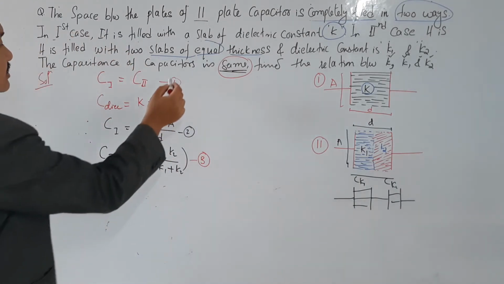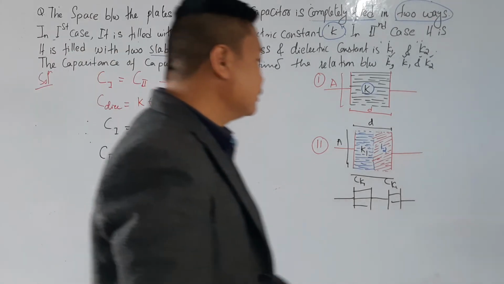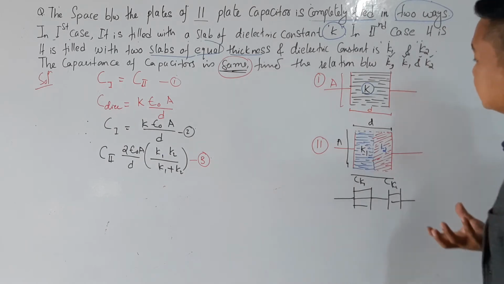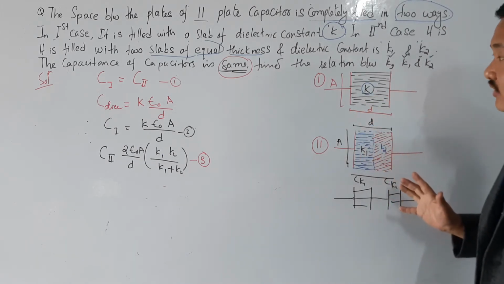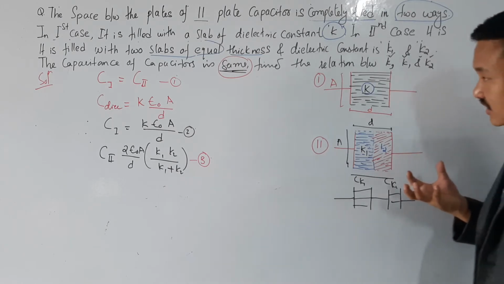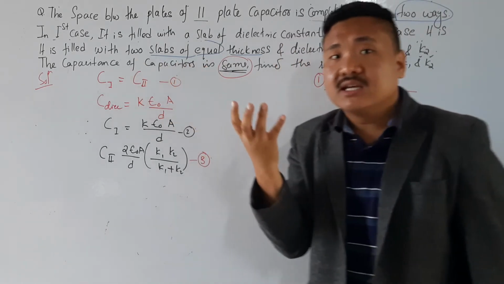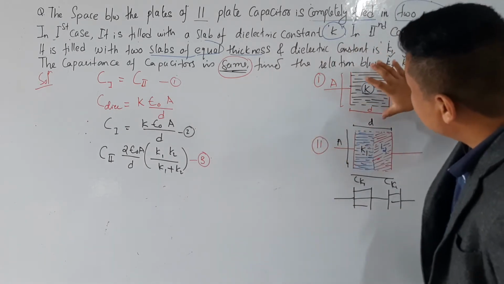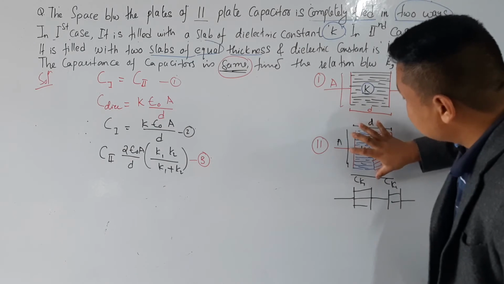Using equation 1, equation 2 and equation 3, I have to find the relation between K1 and K2. How to find it? If you think, the capacitances are equal. So I will make the capacitance of this capacitor equal to the capacitance of this capacitor.